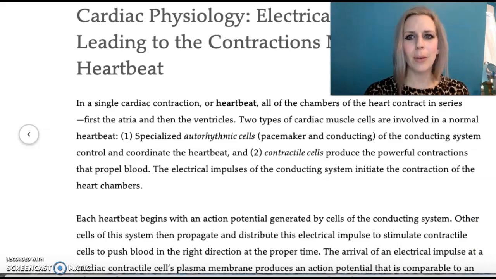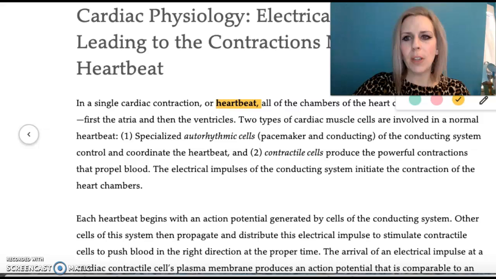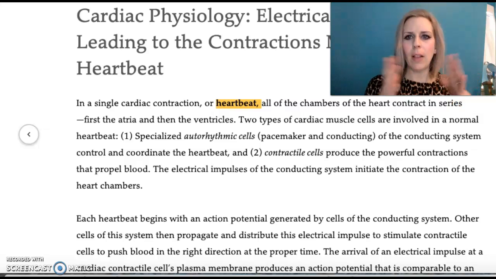When we talk about the conducting system, it is an intrinsic conducting system, meaning that the heart is in control of its own beating. And it has pacemaker cells that are going to do that. We're going to see one single heartbeat here, and that heartbeat is going to allow for the heart to contract in series.